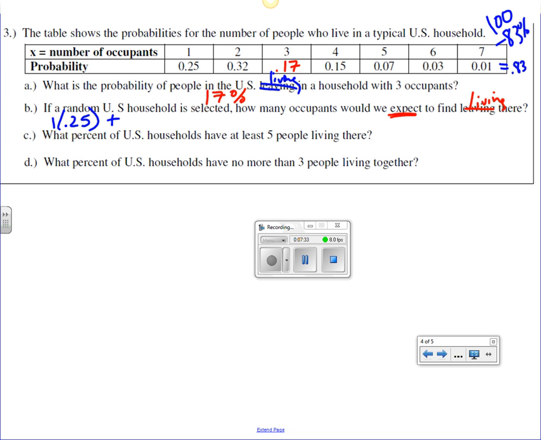Plus 2 times 0.32. Plus 3 times 0.17 plus 4 times 0.15 plus 5 times 0.07 plus 6 times 0.03 plus 7 times 0.01.